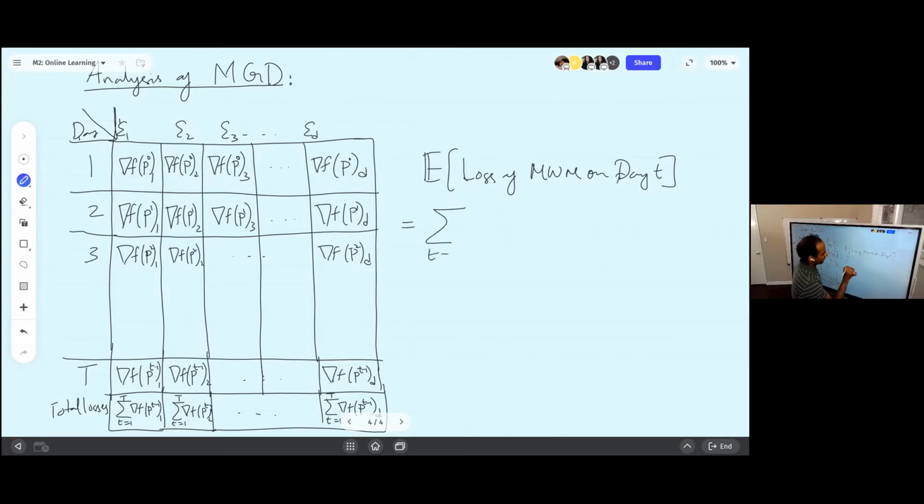It's the summation i equals 1 to d, probability expert i is picked, times the loss of the ith expert on day t, which is exactly the gradient.